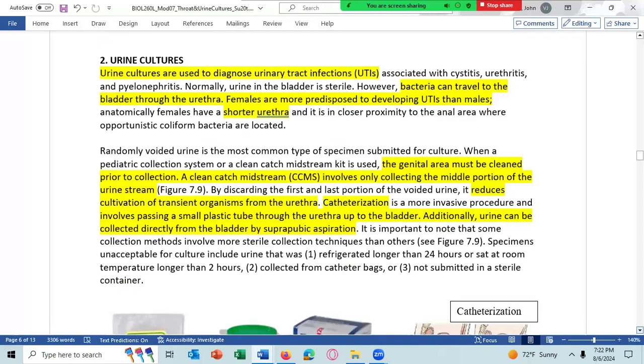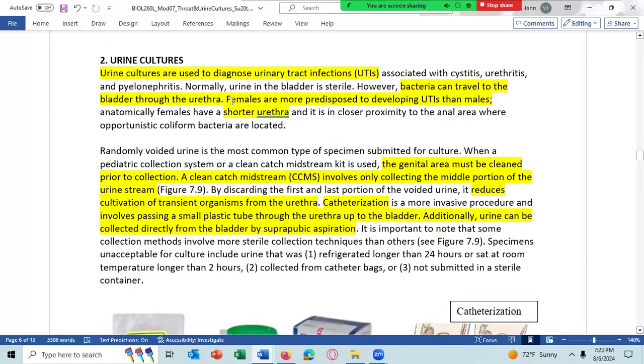All right. Urine cultures are done to test for urinary tract infections, or UTI. That can be urethritis, that's the urethra, cystitis, the bladder, or pyelonephritis, up as far as the kidneys.